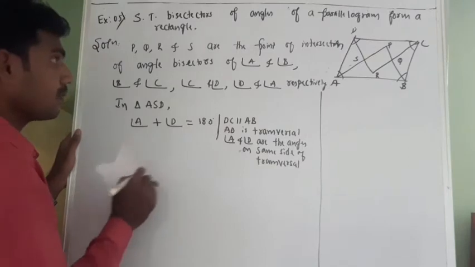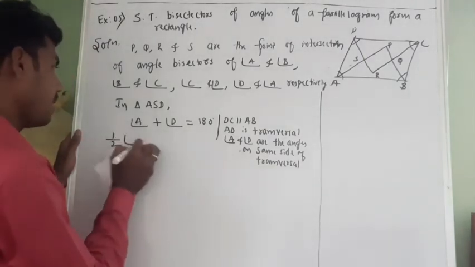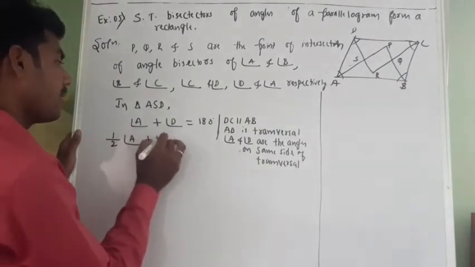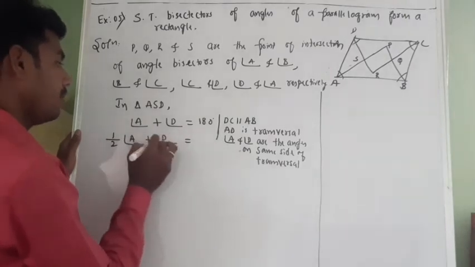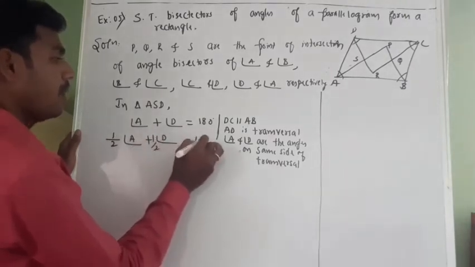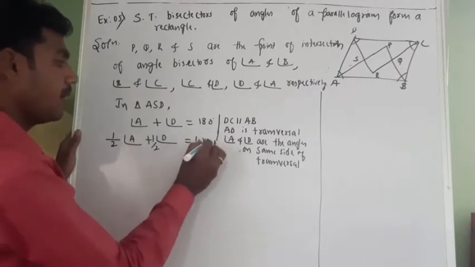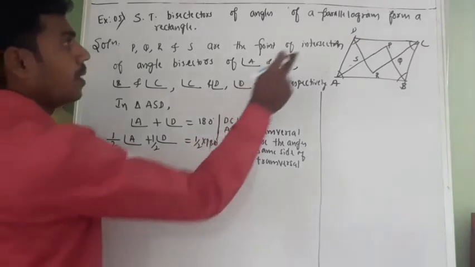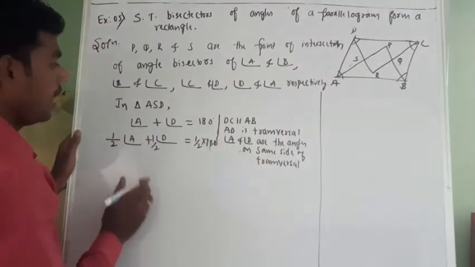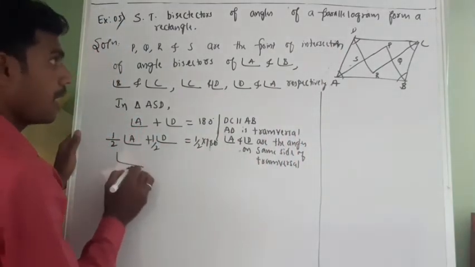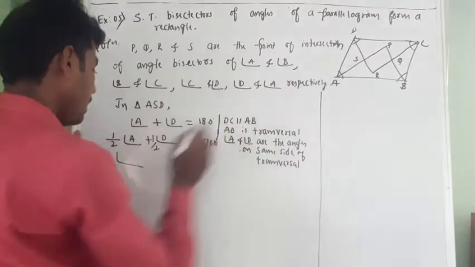Now half of angle A plus half of angle D is equal to half of 180 degrees. Half of angle A is nothing but angle DAS, and half of angle D is nothing but angle ADS.